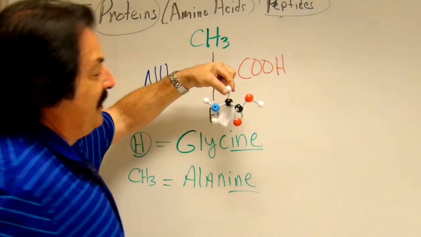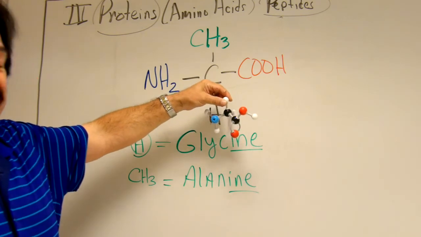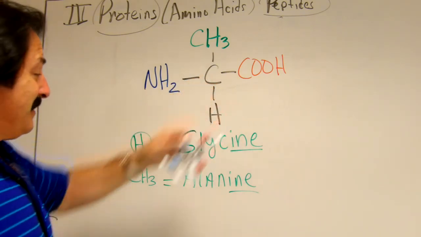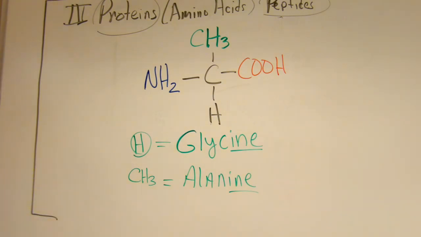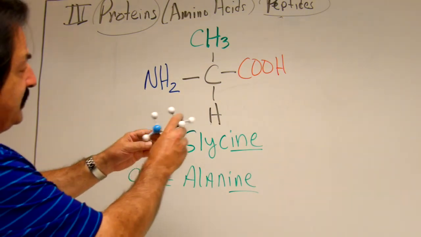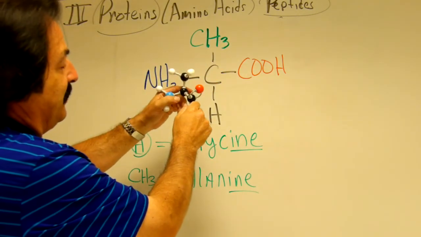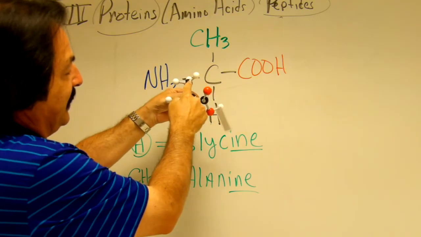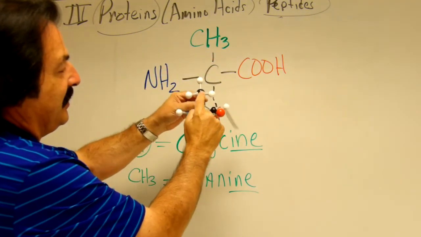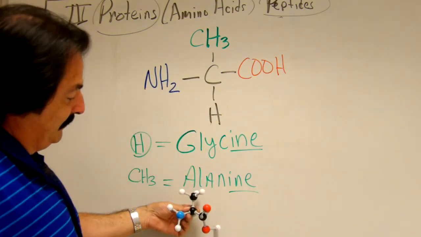This is a peptide or a glycine or an amino acid, need to know all those. Here is my amine group, here is my carboxyl or acid group, my central carbon, the obligatory hydrogen, and in the R position, CH3, alanine.